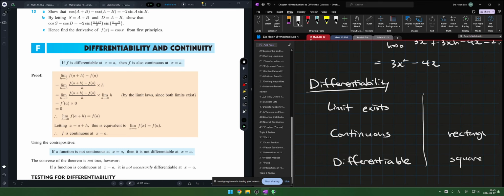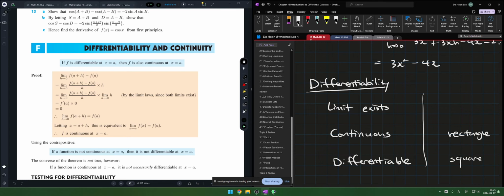So you can say that continuous is kind of a rectangle thing. Is a square always a rectangle? If it's differentiable, it's always continuous. Yes. However, is a rectangle always a square? No. Then if it's continuous, is it always differentiable? Also no. Do you understand that hierarchy system?